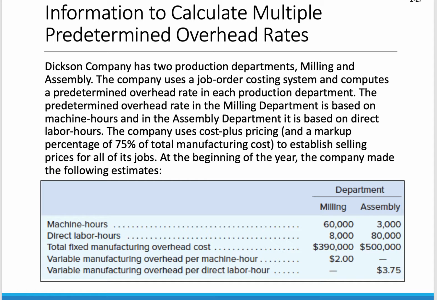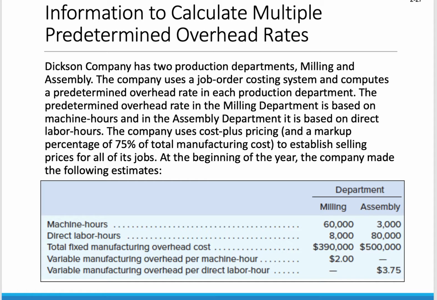Our total manufacturing overhead is all the fixed manufacturing overhead plus all the variable overhead per department. Would it make sense to do one plant-wide rate? And hopefully you said the answer is no.